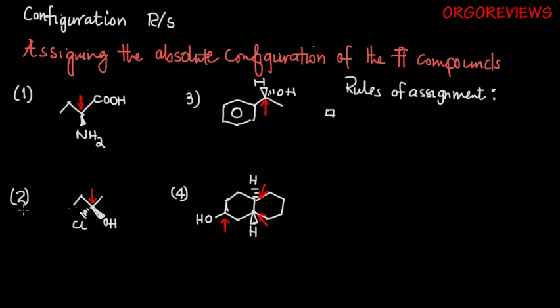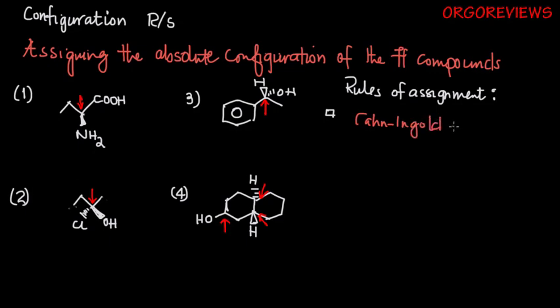However, there are certain rules that govern the assignment of R or S configuration. The rule is called the Cahn-Ingold-Prelog rules. What does that mean?